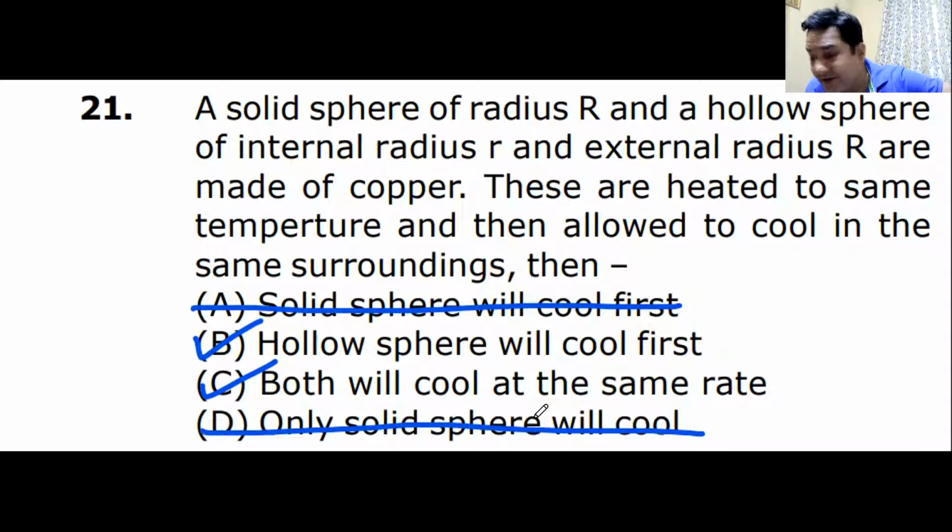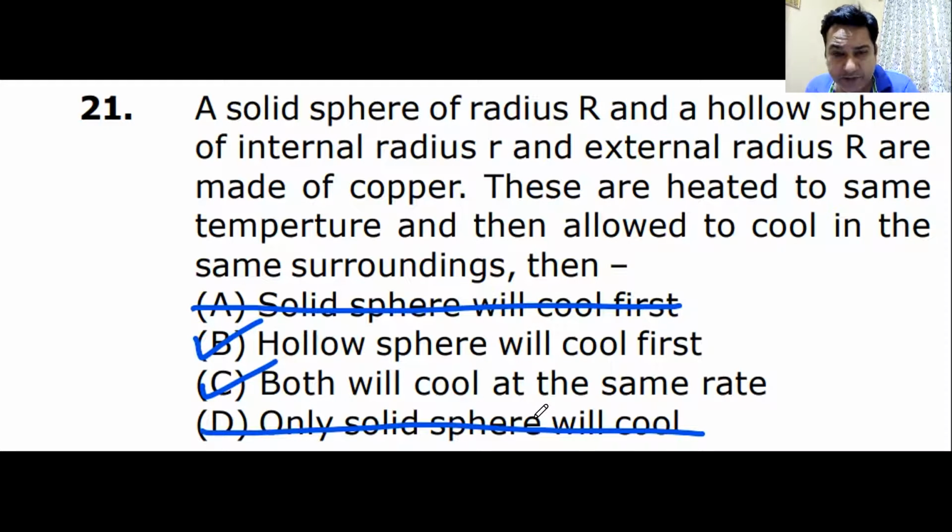Both will cool at the same rate or not? Or hollow sphere will cool first. Remember, it's not a completely hollow sphere. It is a sphere which has got a spherical hole. Now remember, rate of cooling is proportional to E. E is same for both the spheres.